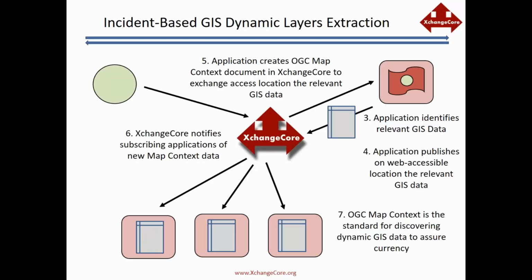That is the XchangeCore standard for discovering dynamic GIS data, which assures its currency, makes certain that everybody's looking at exactly the same thing. So what you have now in that little gray looking piece of paper thing is the web access information to the GIS data that's in that little red flag there around the incident.